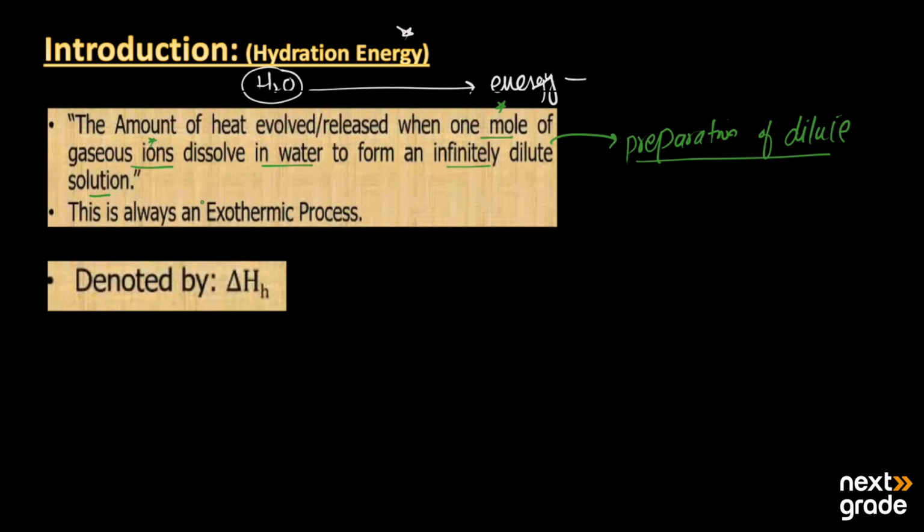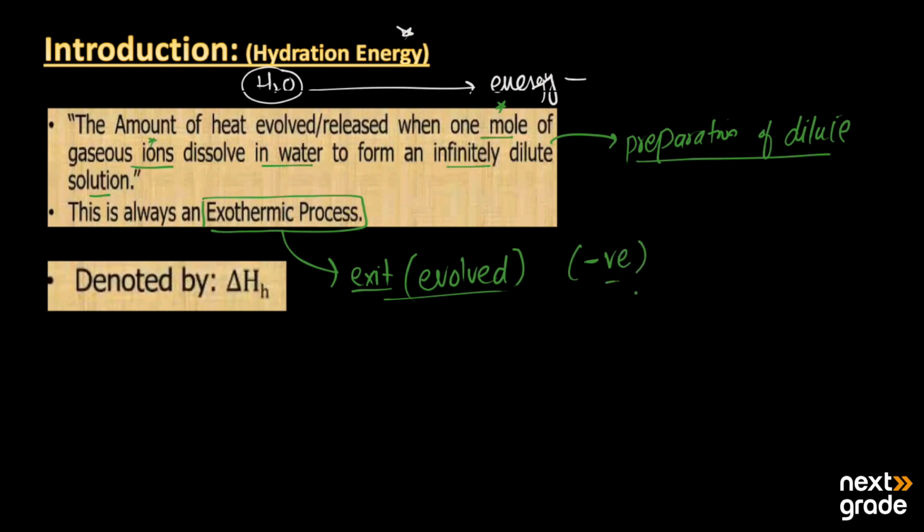When in a chemical reaction the energy is released, the process is exothermic. The word exo means there is an exit of energy, or the energy will be evolved. We always show that energy with a negative sign because the energy is evolving from the process.